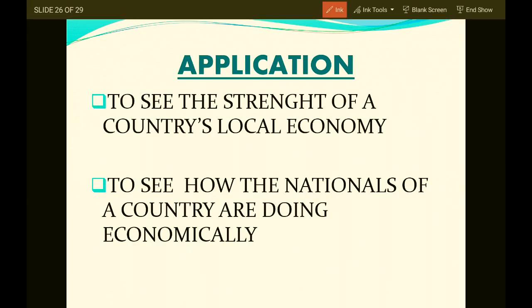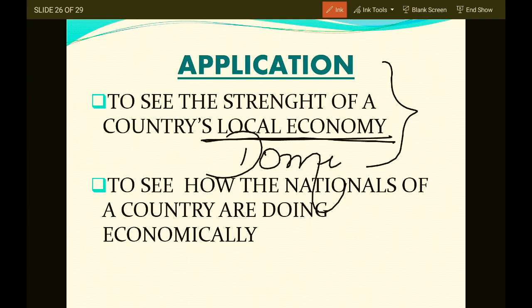Application. What is the application? To see the strength of a country's local economy. Basically, GDP is concerned with the local, domestic economy. What is the condition of my domestic economy, regardless of the people who are contributing to the production of goods and services. You are not concerned with citizenship. You're just concerned with the production of goods and services that is taking place in my country's territory.